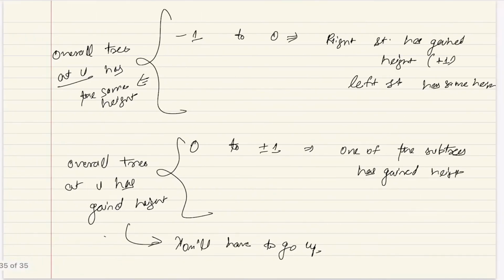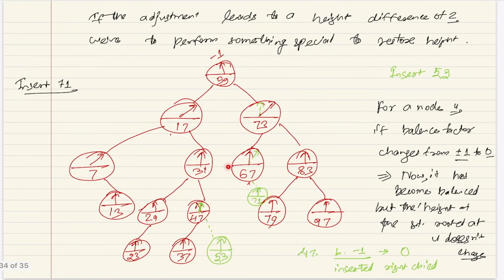As I have understood, if it goes from -1 to 0 or +1 to 0, then one of the subtrees has gained height, but overall the tree rooted at that node has not gained height. So this tree height remains the same. I don't have to go to the root. And this looks very interesting. So now I know when to go up and when to stop. So I stop up to here, like I stopped up to here in this part.